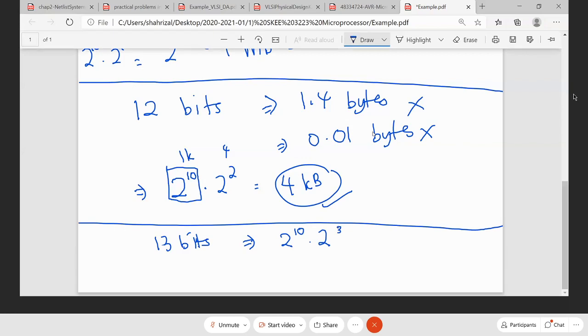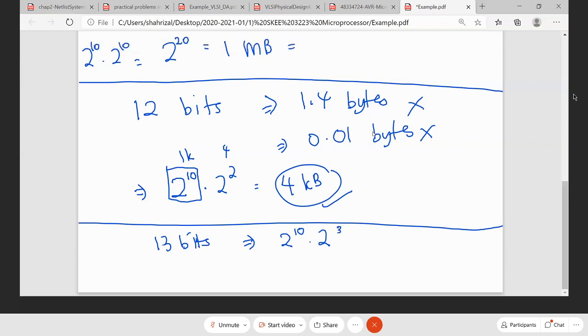Where do you get 8 kilobytes? Oh yes, this is 8, and this is kilo. So 8 kilobytes. Correct.